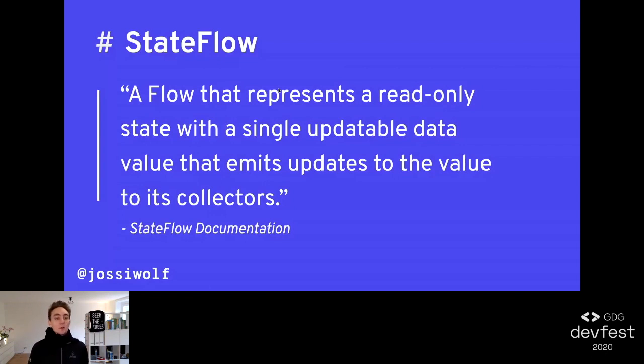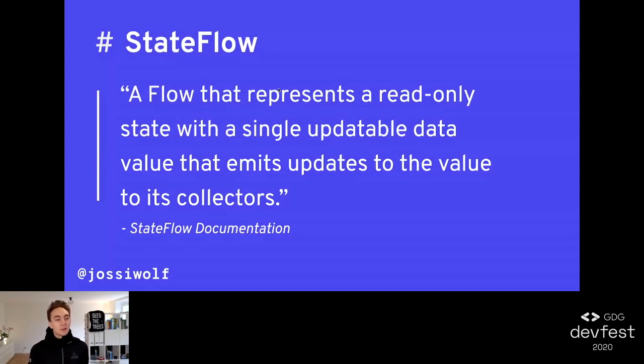It has one value, and it emits that to the collectors, and it always emits the latest value that was there when you subscribe. So basically, it is like LiveData without the lifecycle awareness, like directly built into the StateFlow type. So you're not tied to the lifecycle, which is very nice.